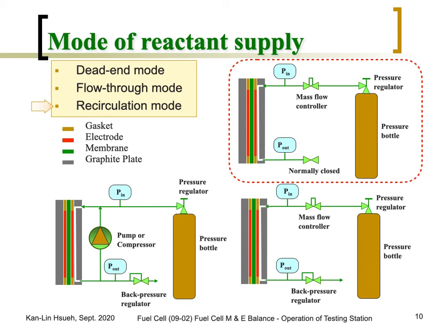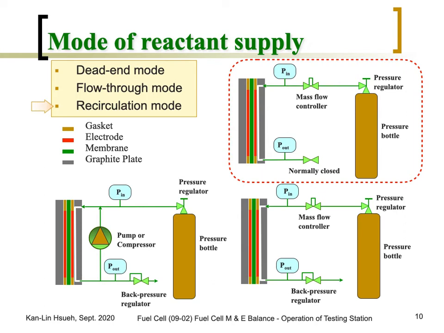On the left side is a single cell or cell stack. The red one is the electrode. The green part is the membrane, and the brown part is the gasket for sealing, and the gray portion is the graphite plate.